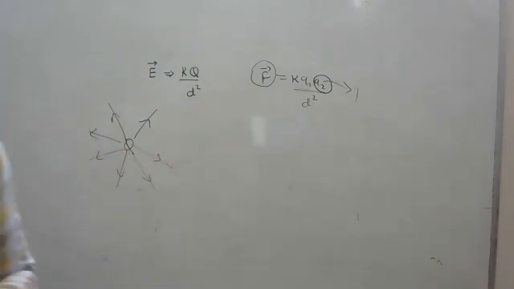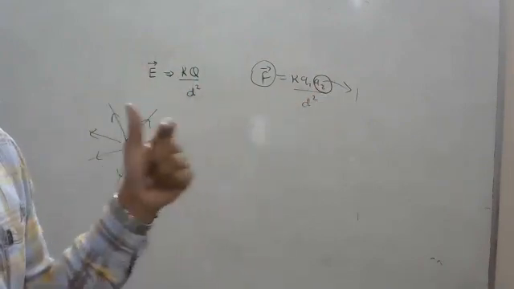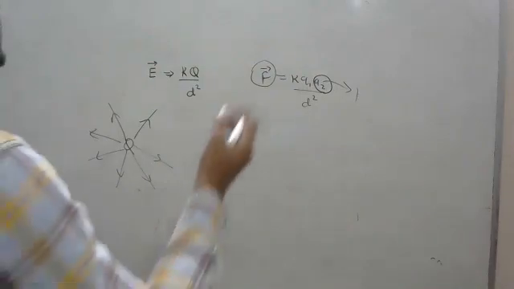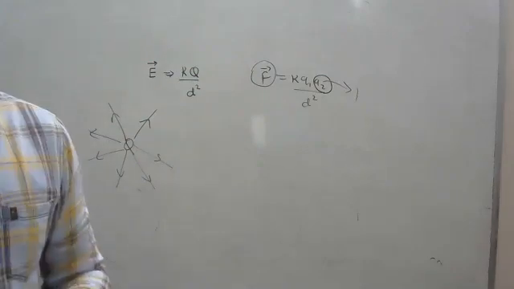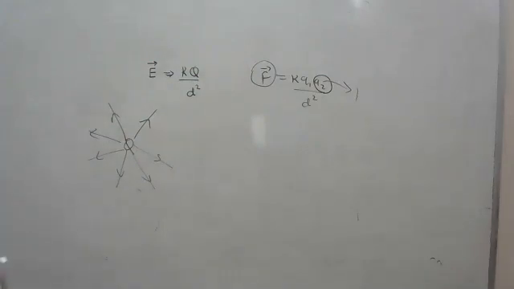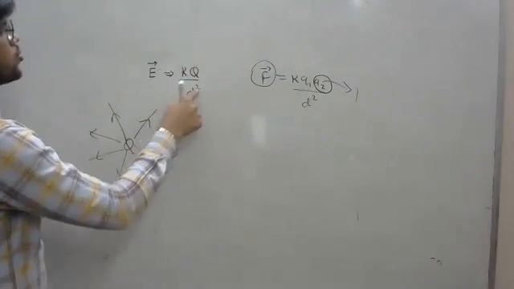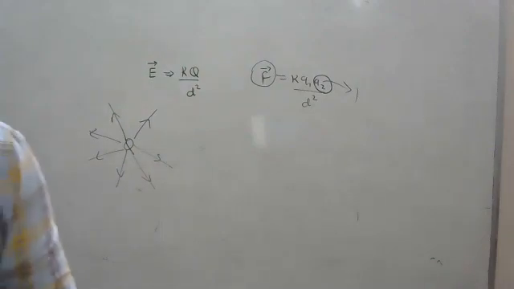Just for understanding purposes, of the two charges we wrote one as capital Q, that is your main charge, and the other charge you are considering as a unit charge. As it's a unit charge, even if I'm not writing it here, it won't be a problem. What would be the formula of the electric field? It will be KQ upon D square. KQ upon D square is its formula. And its unit we will work out.